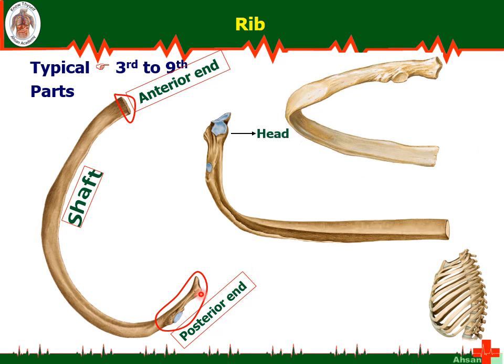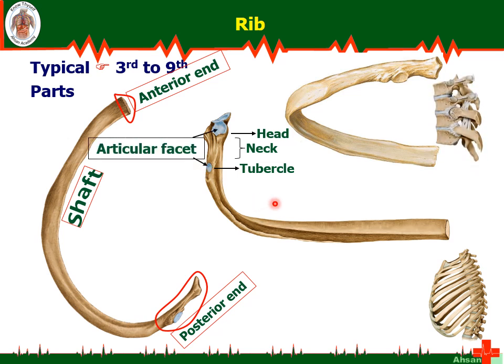Look at the posterior end. It has one head, and this is the tubercle, and in between is the neck. So the posterior end has a head, neck, and tubercle. For a typical rib, the head is a bit oval and has an articular facet which is divided by a ridge, so these two components are there.